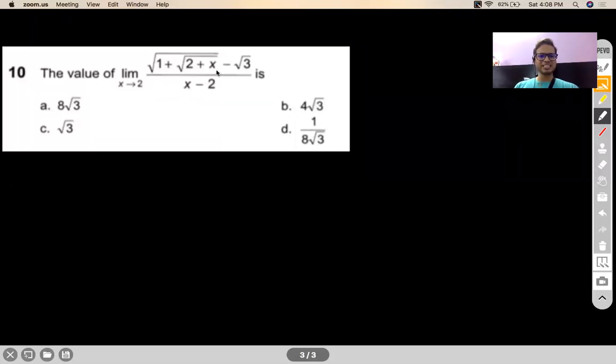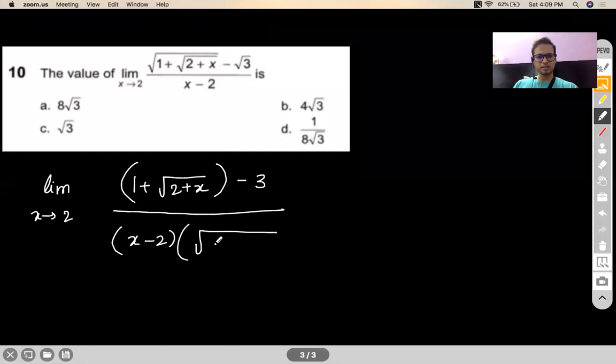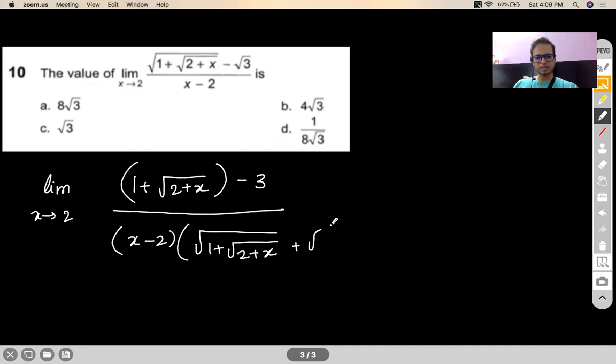For example, in this case, if you see the numerator is becoming 0, denominator is also becoming 0. So what is the first step? You rationalize the numerator part. Now I'm not going to write the rationalization factor, I'm just going to write the direct result. Okay, this was the rationalization factor.